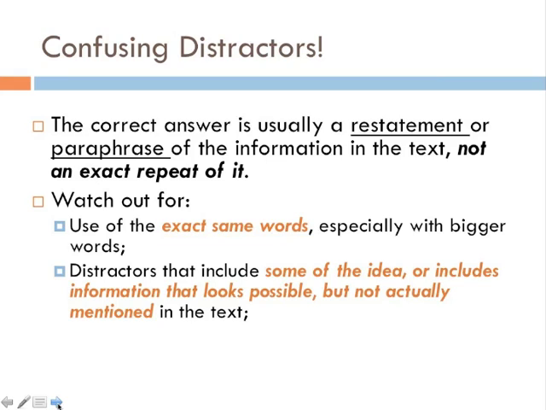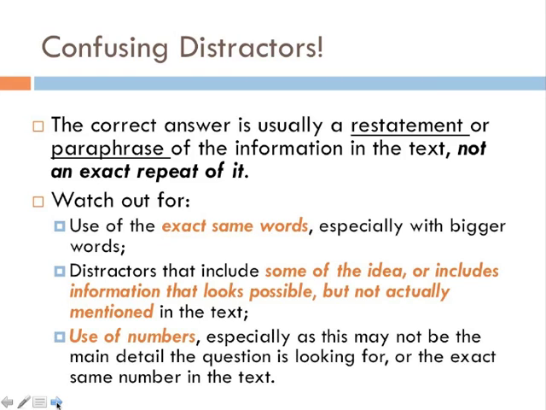We should also be careful with distractors that include some of the idea, or include information that looks possible but is not actually mentioned in the text. And this is one that often really tricks students, because they often think, well, it's possible, but they don't realize that if it's not mentioned in the text, we can't really trust it. And then, of course, there are certain things that students often confuse. For example, numbers.